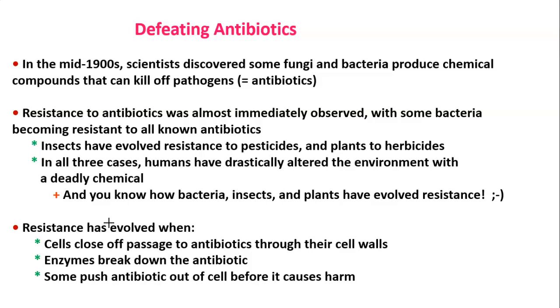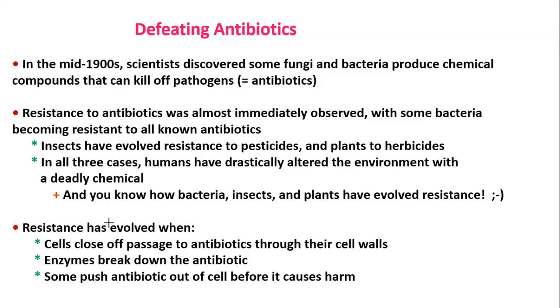So we have altered the environmental landscape for these creatures. And you know how bacteria, insects, and plants have evolved resistance, wink, wink, because of your understanding of evolution. Any genetic variant, whether pre-existing or arising by mutation during the course of this environmental change, is going to be favored by natural selection and passed on differentially. And the population will adapt.